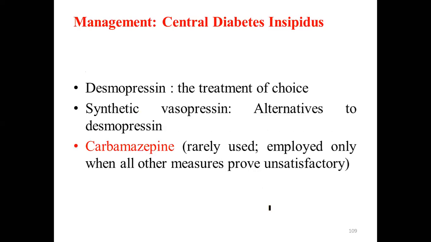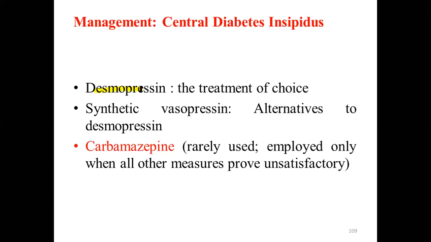In short, fluid replacement is one option. But the other strategy, and the treatment of choice in central DI, is desmopressin administration. We have synthetic vasopressin and we also have desmopressin. Depending on availability, we can use either.